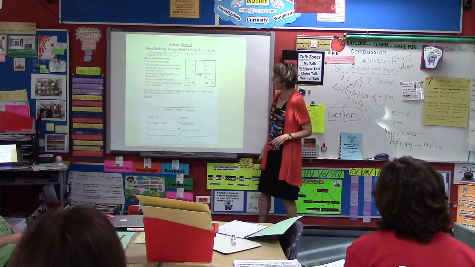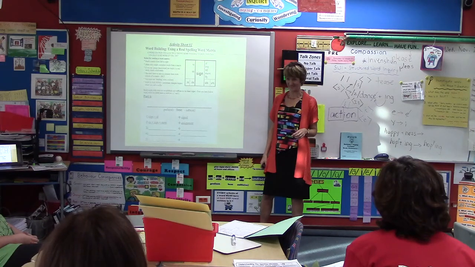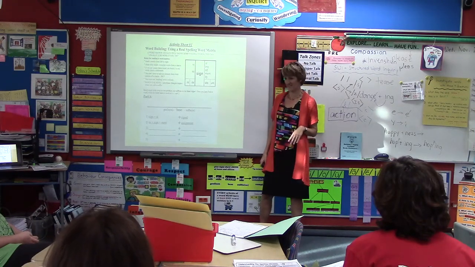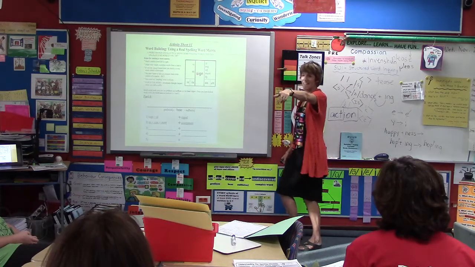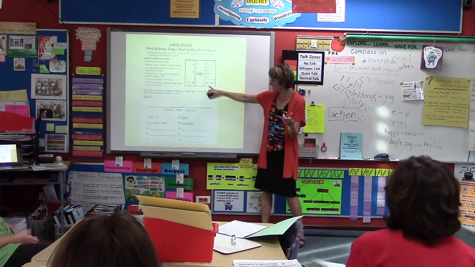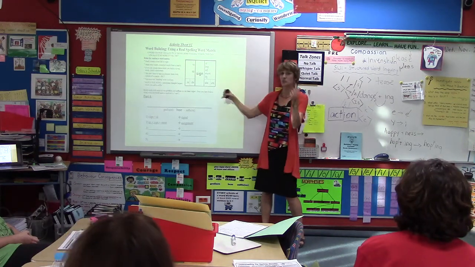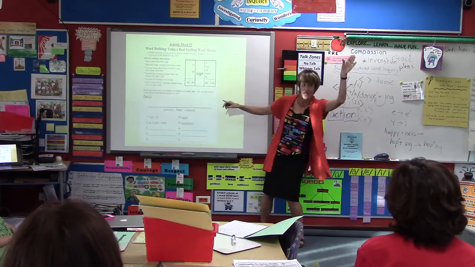Big difference here. Does anybody see the vocalic suffix? This is graph language. Where the E is dropped. Signature? Yes, yes. SIGN plus ATE plus URE is rewritten as SIGN, AT, no E, URE.